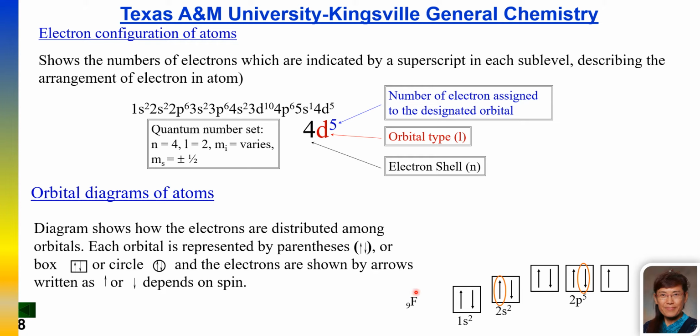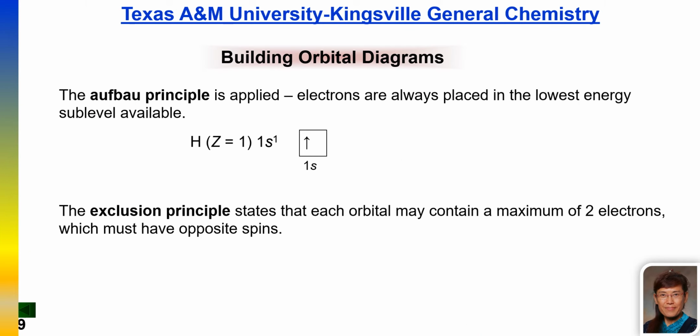So go to your periodic table, find the atomic number, which is 9. This fluorine, when it's neutral, has 9 electrons as well. So you are going to place 9 electrons into 1s, 2 of them, 2s, another 2, 2p5. So that's how you introduce the electrons into the different orbitals. This diagram is called the orbital diagram of your electrons.